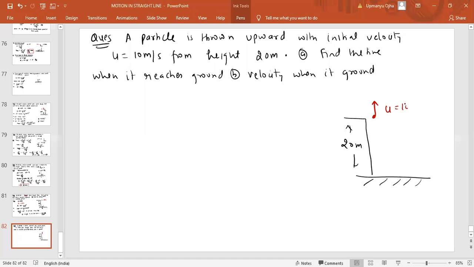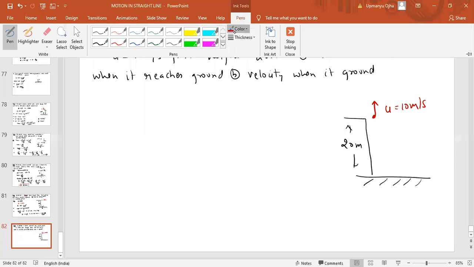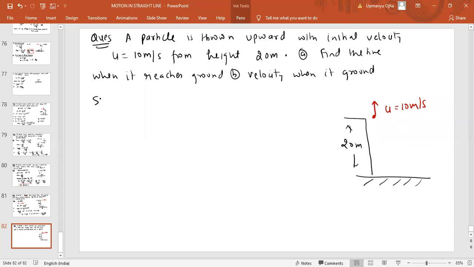You have to find the time when it reaches the ground. Now here u is what? Is u positive or negative? Upward means positive, correct? Yes, u is plus 10 meter per second because we are throwing the object upward.